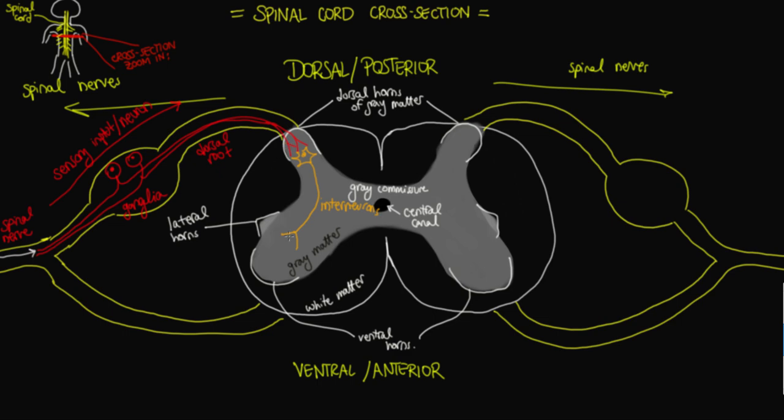Now, after this input is integrated and interpreted, interneurons will then relay this information back out of the spinal cord, but this time it's going to occur at the ventral or the anterior side. So, located inside the ventral horn of the gray matter, we have cell bodies of motor neurons.